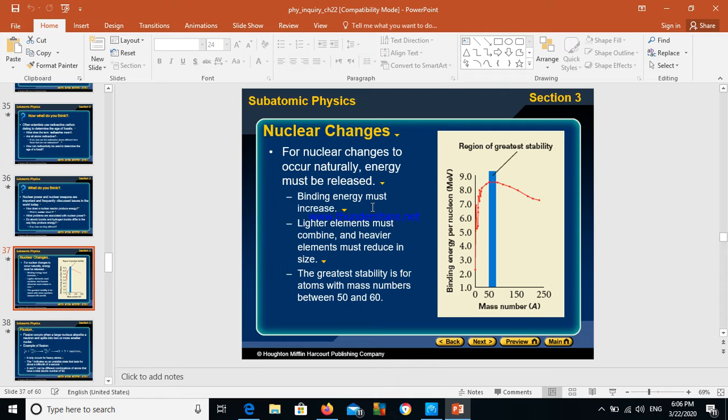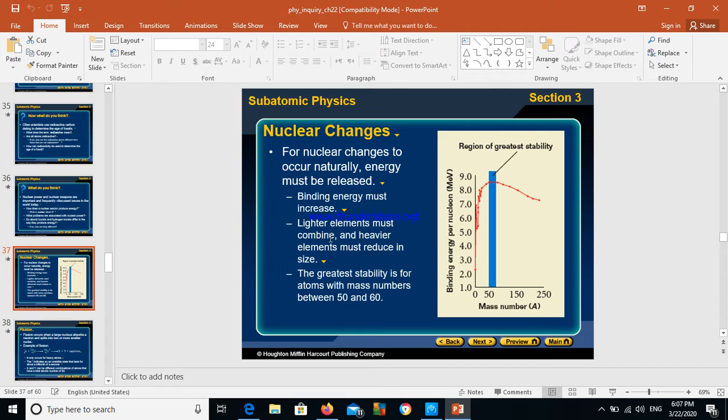Binding energy comes from the difference between the total mass of the protons and neutrons inside the nucleus and the theoretical mass of the atom. This binding energy must increase for nuclear change to occur naturally.